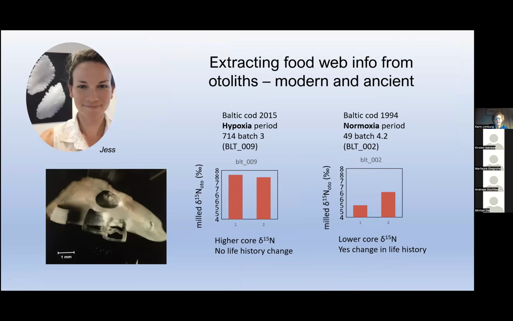We're also collaborating with a geochemist whose expertise is looking at nitrogen isotope ratios in otoliths, and she's helping us make comparisons with a different technique, again coming up with estimates of changes in food web structure, comparing hypoxic and normoxic sites.